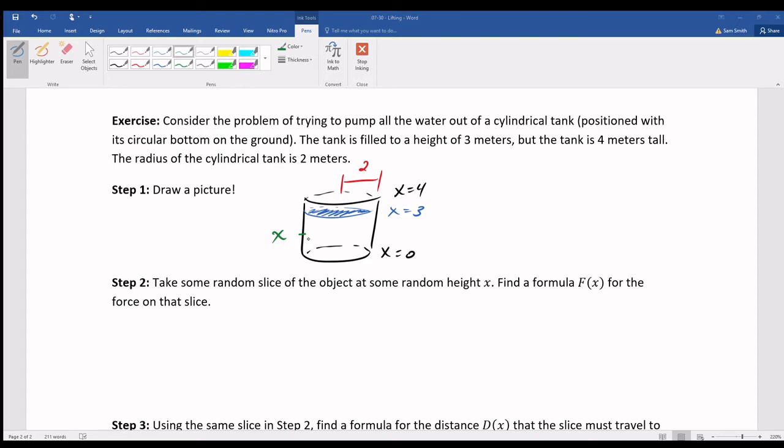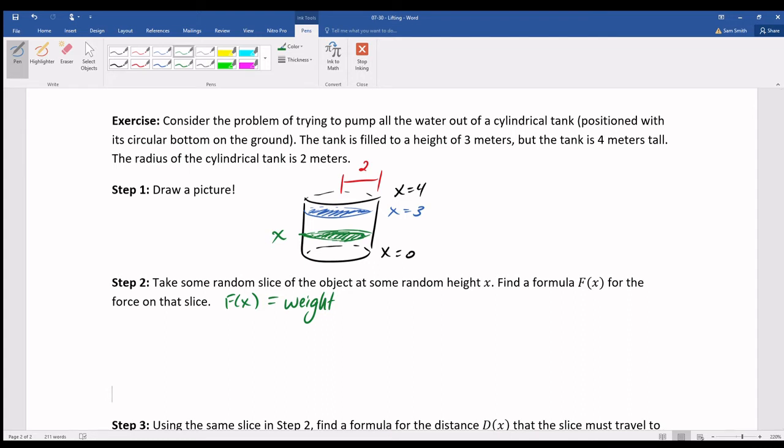So here we go with a little teensy weensy slice here at x. The force that we would need to exert on that slice is the same, in magnitude, as the weight of the slice. We're trying to counteract the force of gravity, and the weight of an object represents the force of gravity.